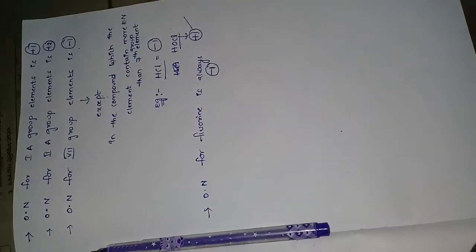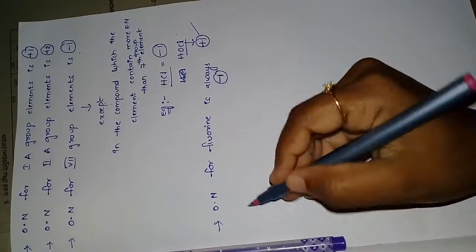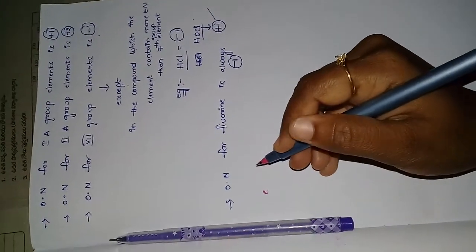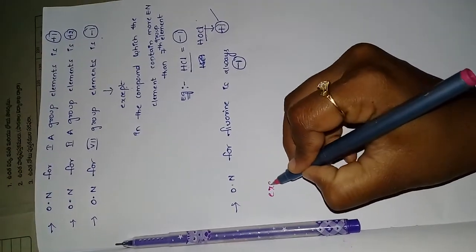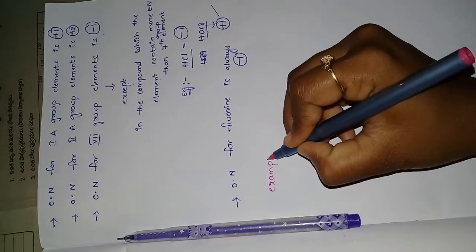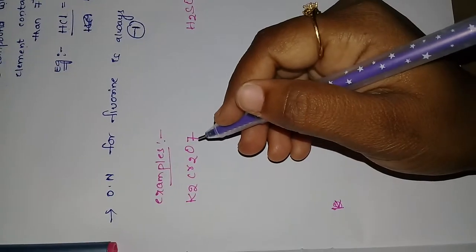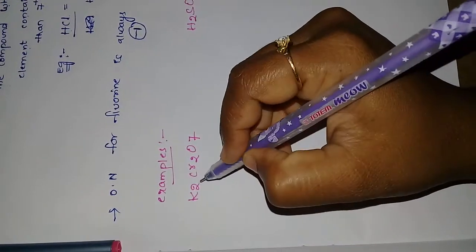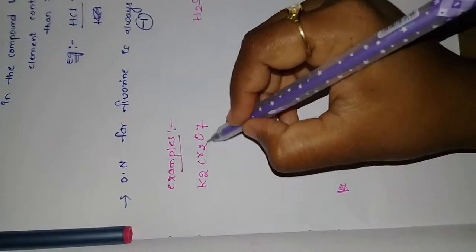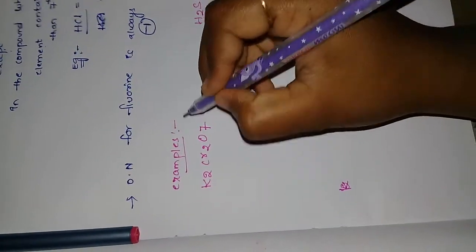We can do some examples based on rules. I take K2Cr2O7, potassium dichromate.